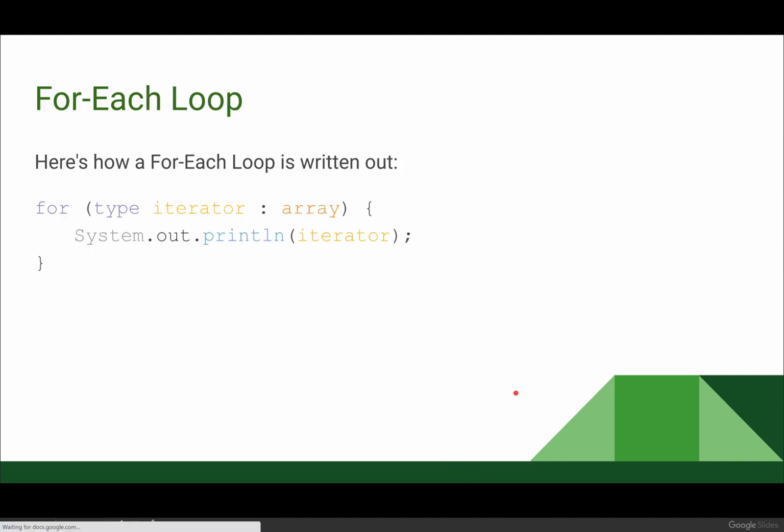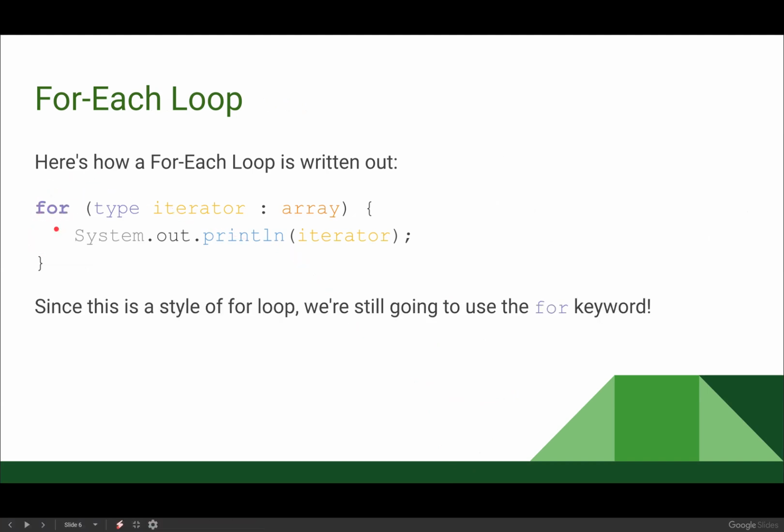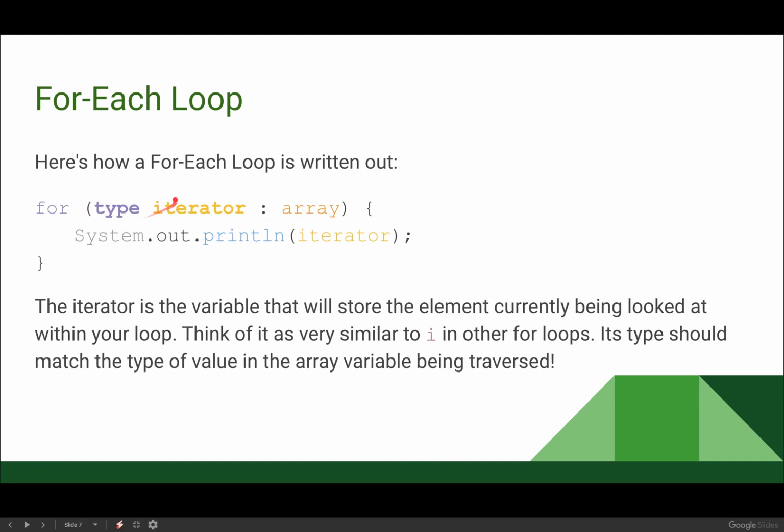How do they work? Here's how one is written out. We've still got our for keyword. It's a type of for loop. And then in our parentheses, we have our iterator. This is the variable that is going to store the current element in your loop.